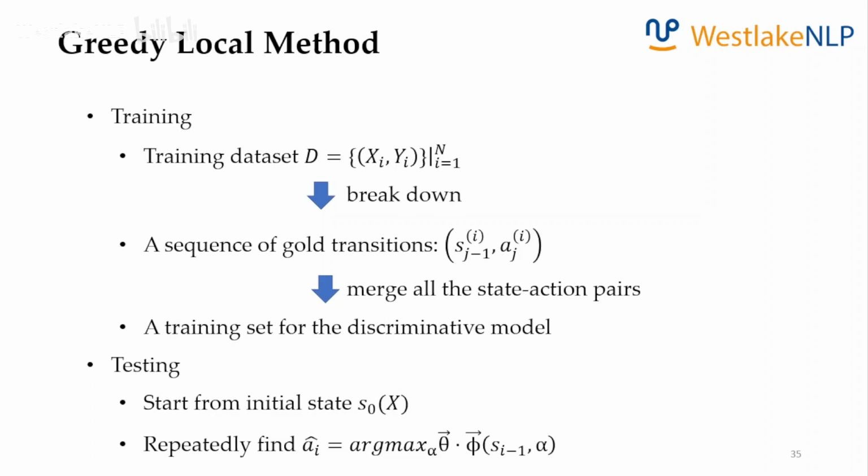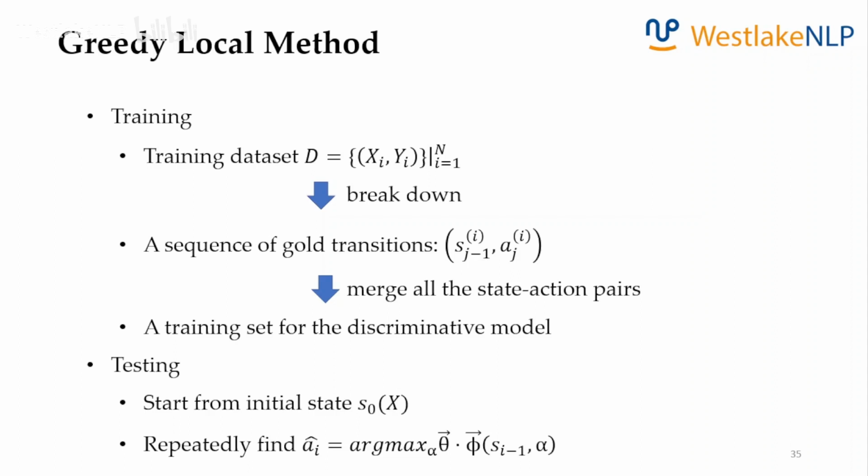And these gold actions can be represented by state action pairs, right? As you saw earlier, we broke segment sequences and dependency trees into state action sequences from a start state until an end state. So this is a sequence of actions, but each action can be represented as a current state and a next decision. So given any structure, we could translate this structure into such an action sequence.